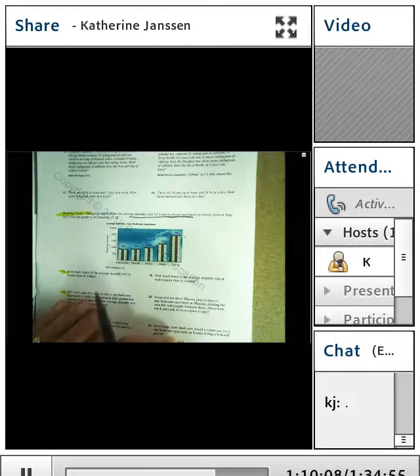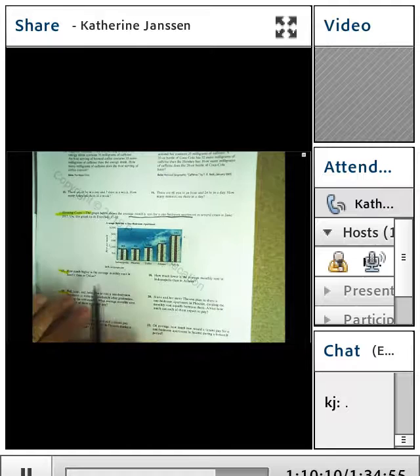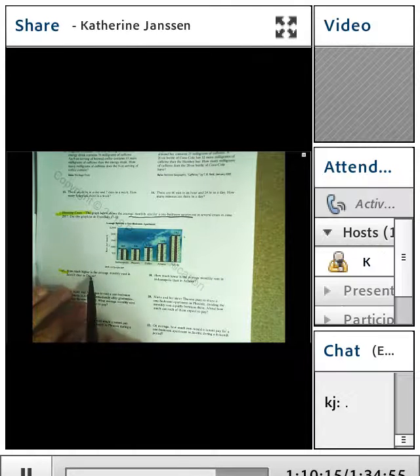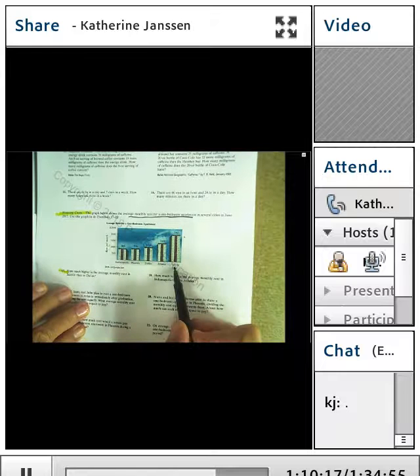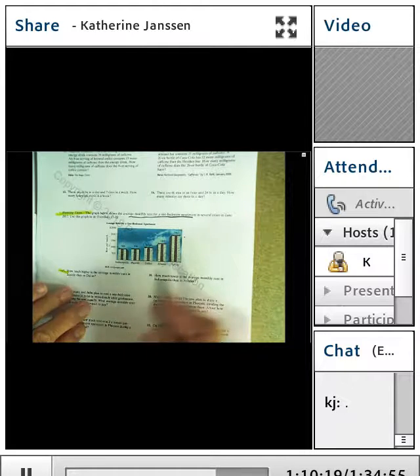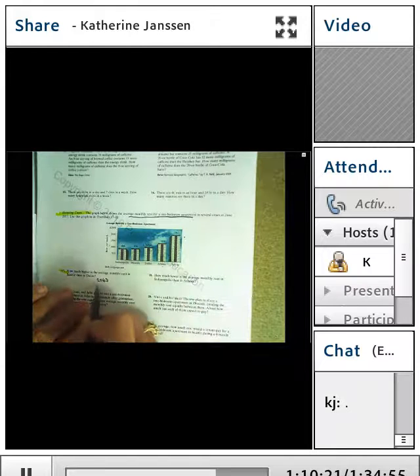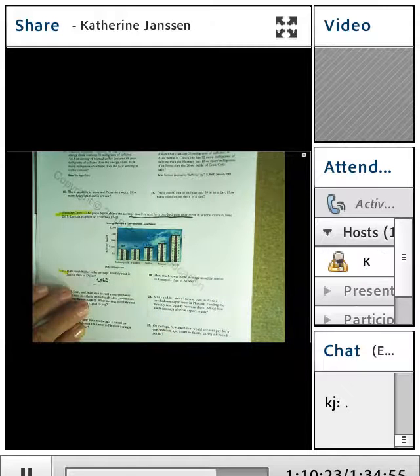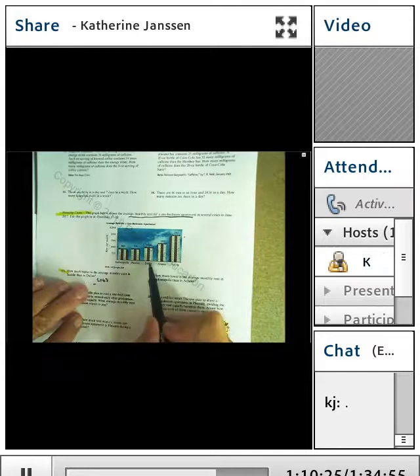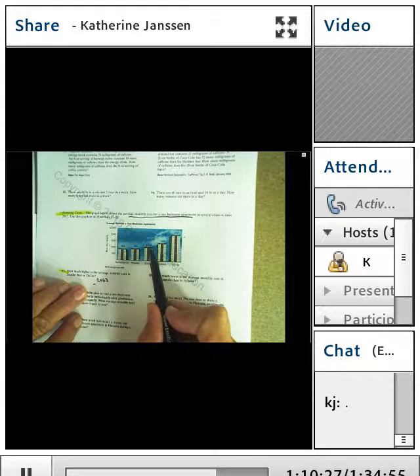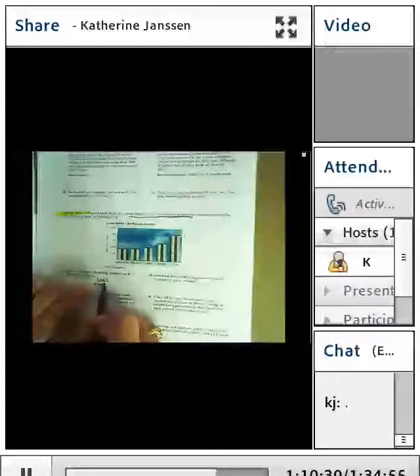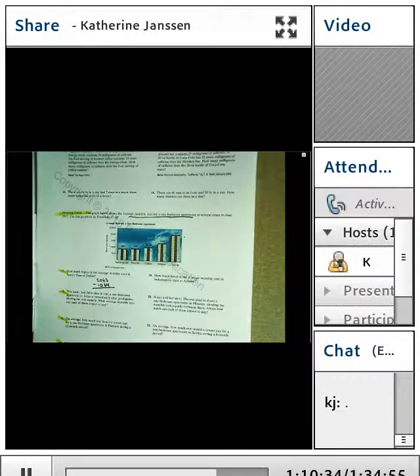So number 17. How much higher is the average monthly rent in Seattle than Dallas? Well, the rent in Seattle is $2,063. And I'm looking for the difference when I compare to the rent in Dallas, which is $1,064. Find the difference, which indicates the operation of subtraction.